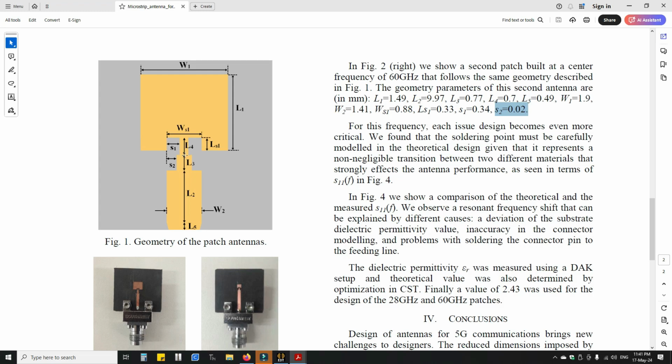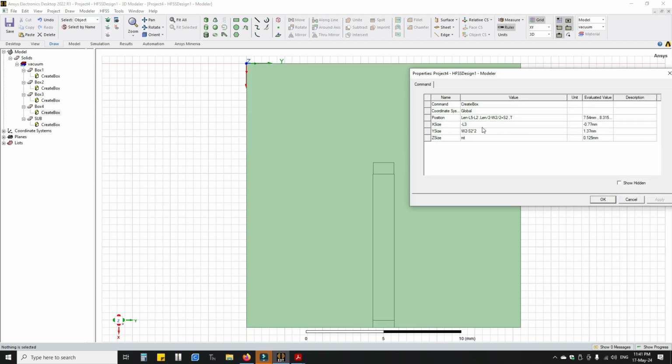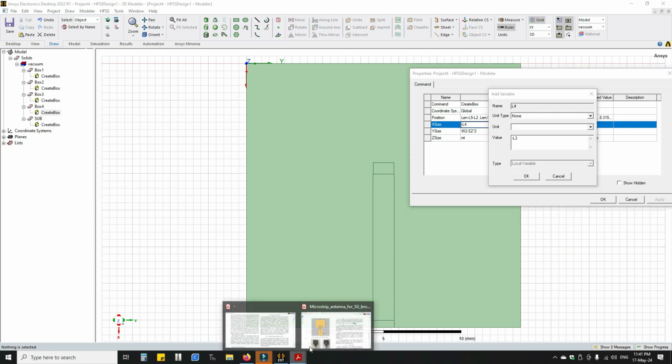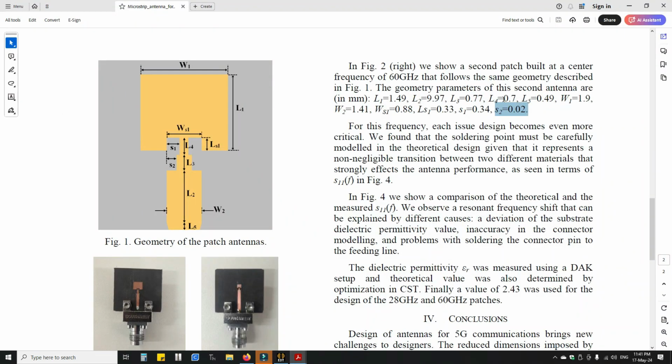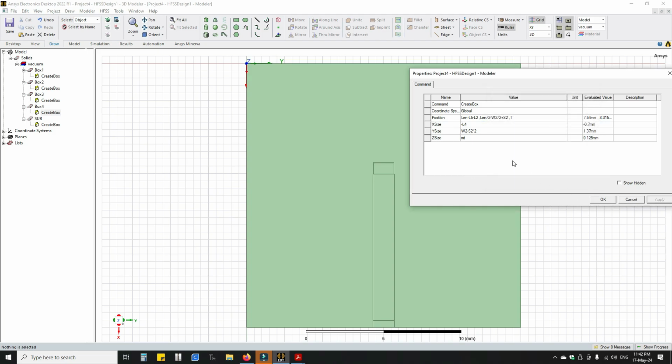Now on the top, we just add L4. Go to here, copy and paste. Now see, the length is L4. On the paper, L4 is 0.7 mm. Add 0.7 mm. Hit apply.